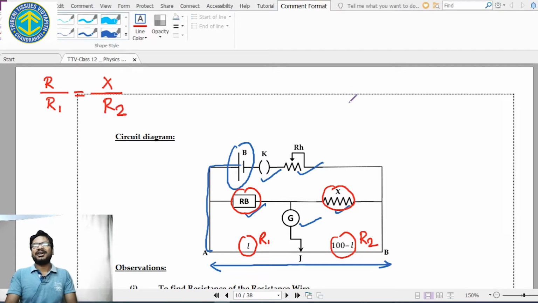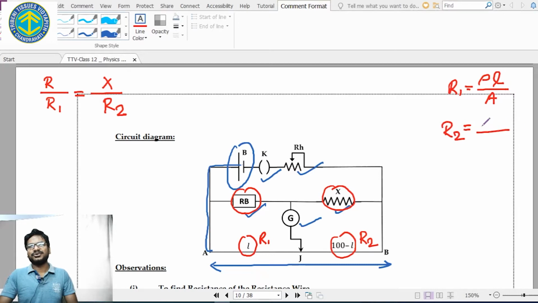Now what is the value of R1? As I said, we are using a simple wire AB. If the resistivity of this wire is rho, then we can write R1 equals rho L by A. And what is R2?